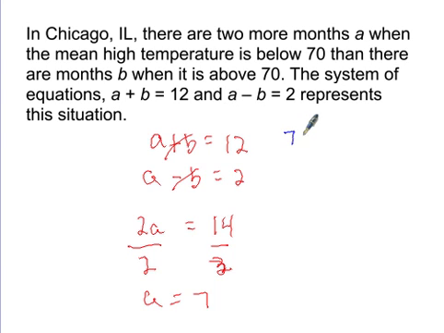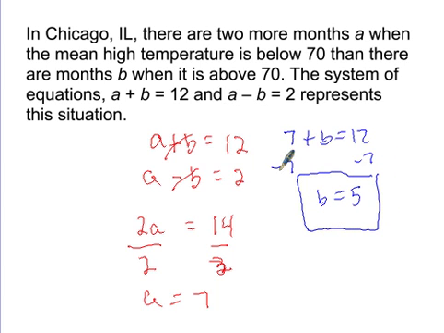So 7 plus B equals 12. Subtract 7, so B is 5. Okay? Now we write it as an ordered pair, right? Always write answers to systems of equations as ordered pairs. So 7, 5.